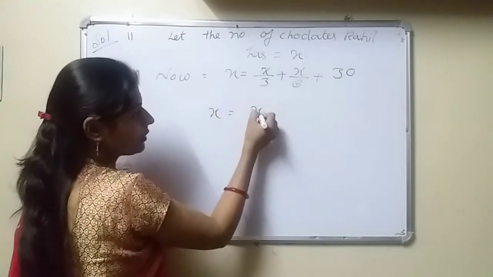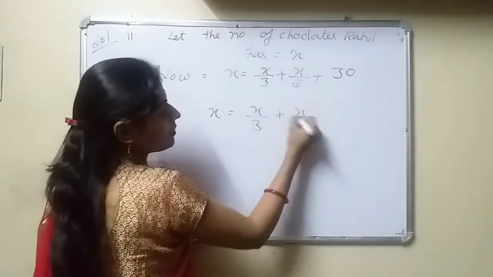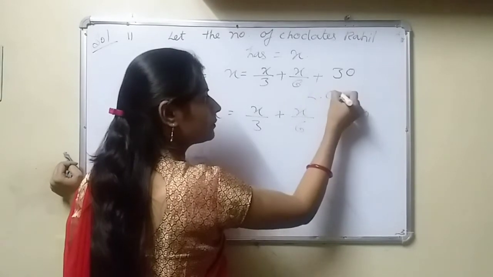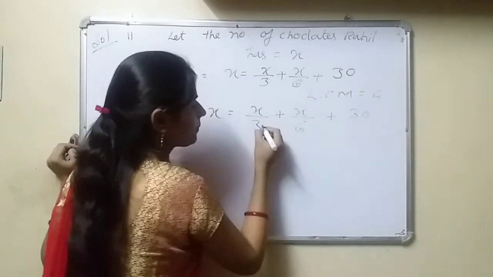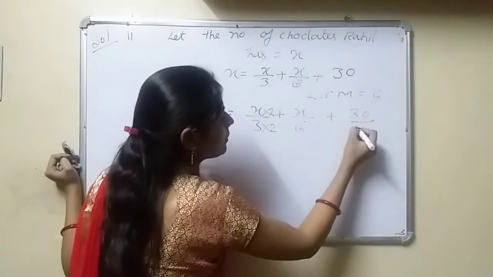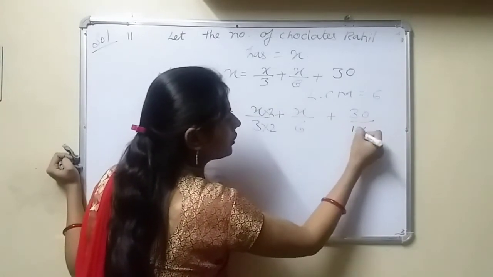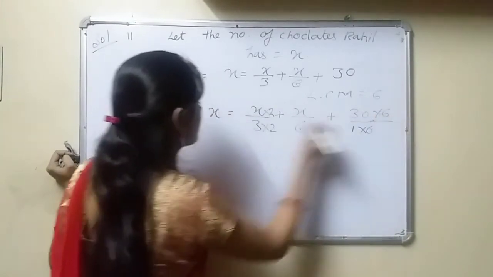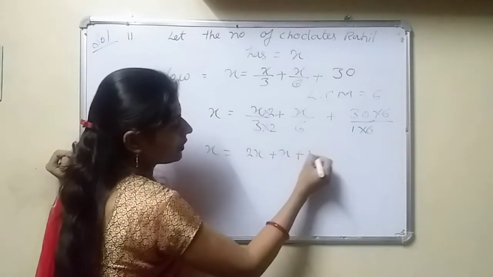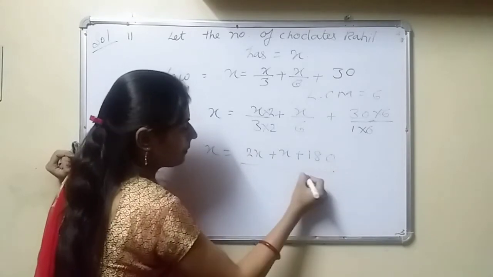x is equal to x by 3 plus x by 6 plus 30. So the LCM will come here, 6. Now see, x is equal to 2x plus x plus 180 divided by 6.